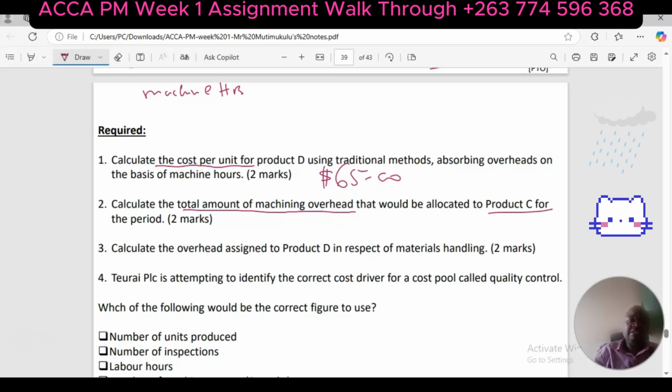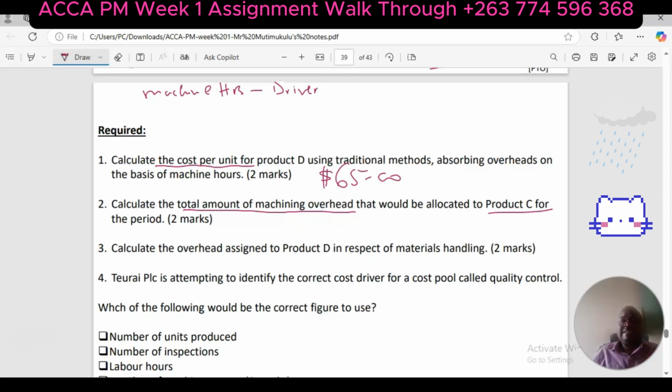Since this company is not producing one product but three products, we have to determine the total hours utilized in this period for all the products before we narrow down to product C in terms of the cost.